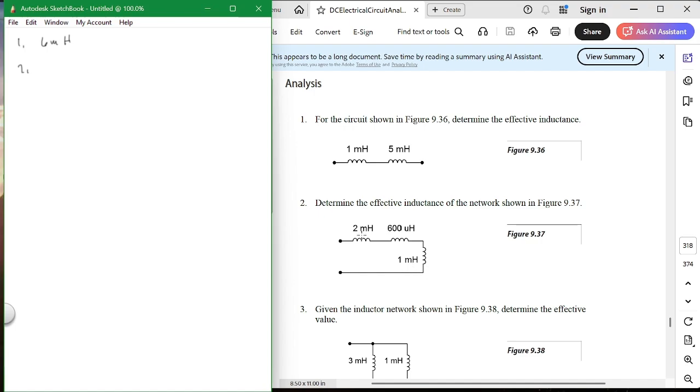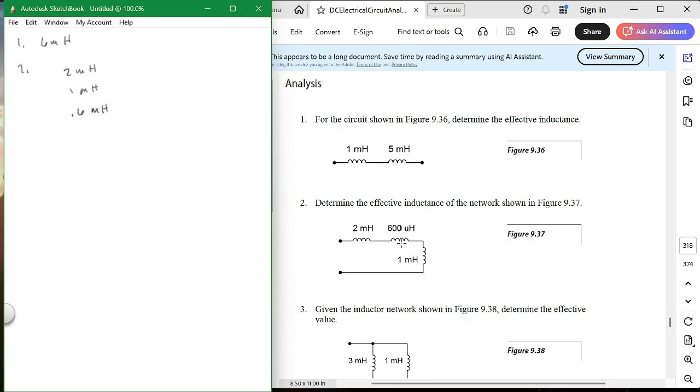Now here they play the game with you a little bit where you've got some milli and some micro, and that's 10 to the minus 6th. So it's 2 millihenries plus 1 millihenry plus 0.6 millihenries.